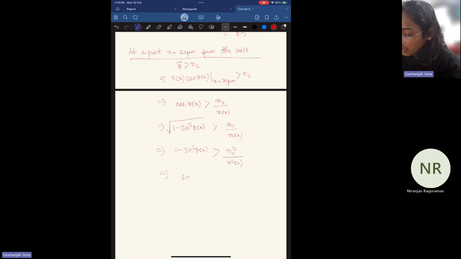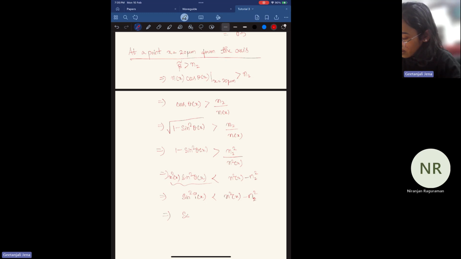So sine square theta will be less than nx square minus n2 square over nx square. So nx square I can keep here. Here you can use Snell's law. So na is already 1; if nothing is given, I'll take it as 1. So it will be sine square Ix less than nx square minus n2 square.